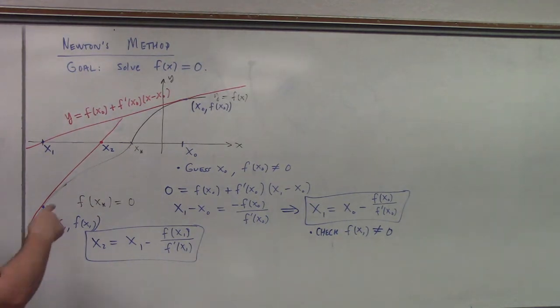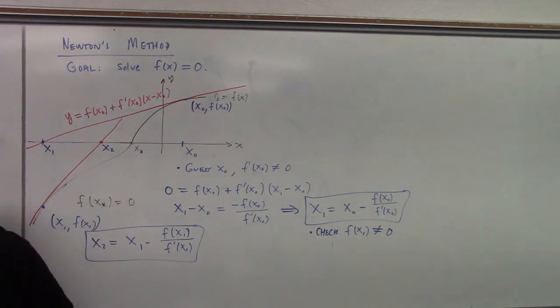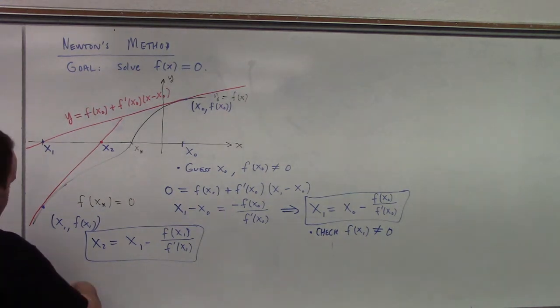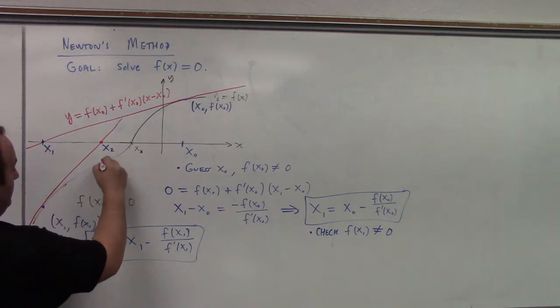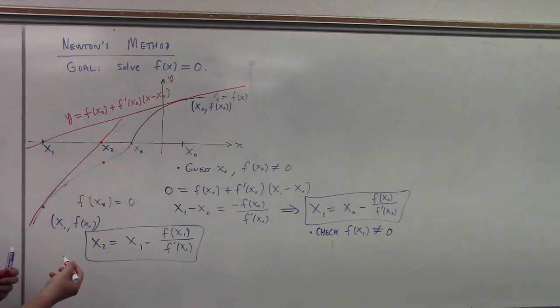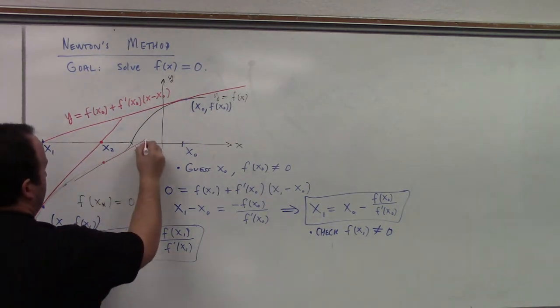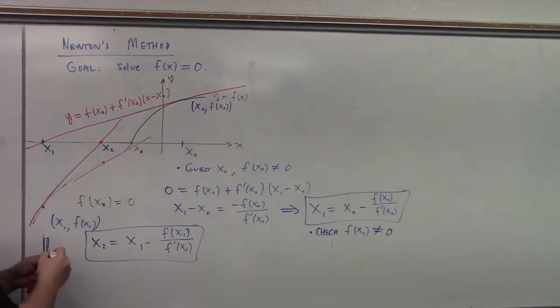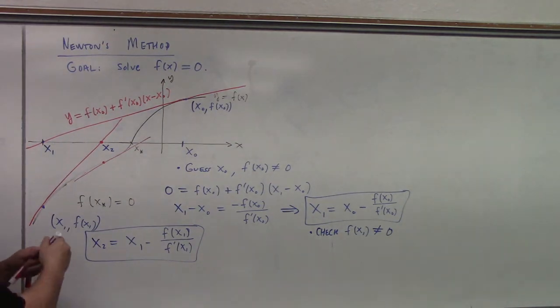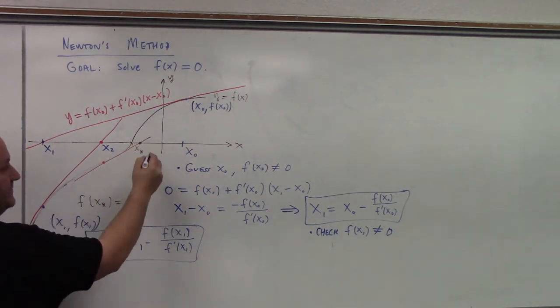And then you check f of x2, you know? It's not 0, right? And you look at the tangent line to x2. That brings you to x3, right?